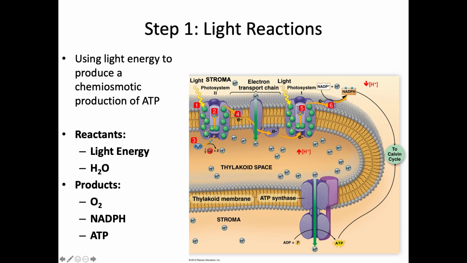Ultimately, this energy gets passed to that special pair of chlorophyll A. It gets those electrons excited, and then this special pair of chlorophyll A donates its excited electrons to the primary electron acceptor here.